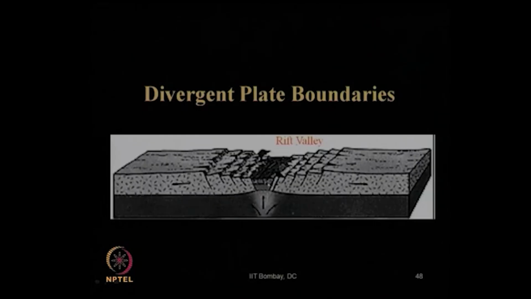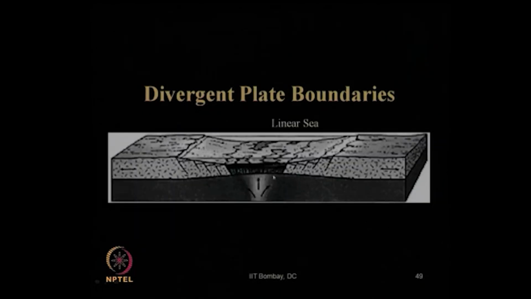So, it creates a valley here. And sometimes that valley in future, if it is filled up with water etc., it can form a linear sea. So, that divergent plate movement can create a water body or sea in this process.